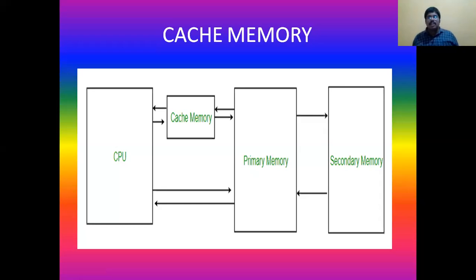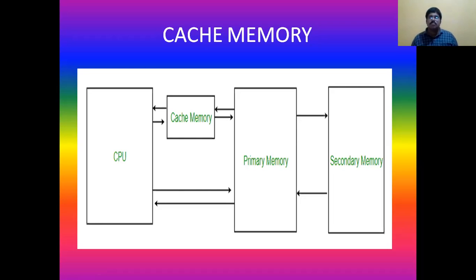So whenever a user makes a request or searches for data, the CPU first searches whether that particular information is present in the cache memory or not. Only if it is not present in the cache memory will the processor go to the primary memory and search there. So it will increase the speed of operation, hence it will increase the performance of the system also.